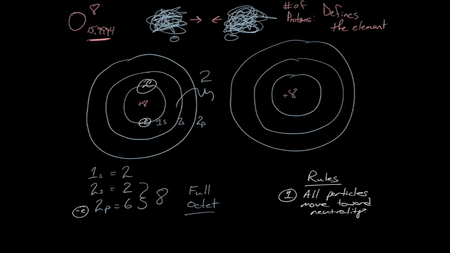They all want to be neutral. And the second is that all atoms are trying to get a full octet.